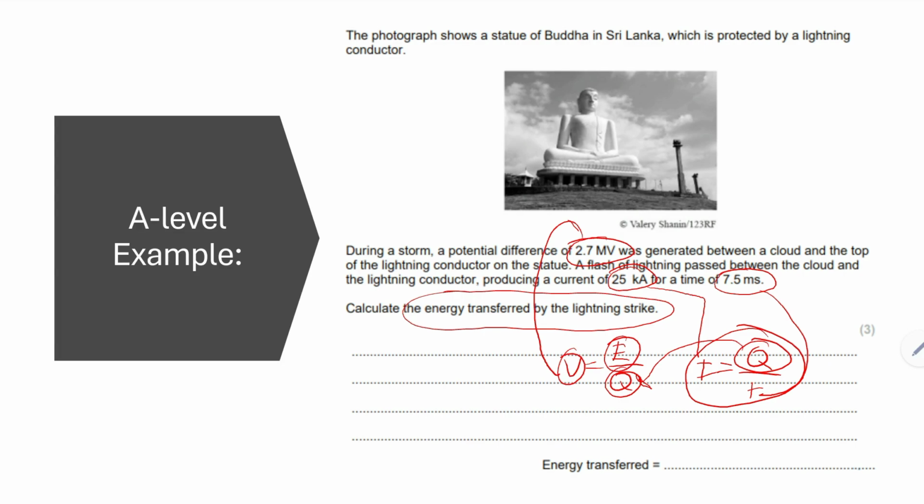So first of all we need to rearrange this equation over here to get Q as the subject. So Q will equal IT, and when we do that, 25 times, but you shouldn't forget that it's kiloamps, so you have to do it times by 10 to the power of 3 times 7.5, and as it is milliseconds we have to do it times 10 to the power of minus 3.